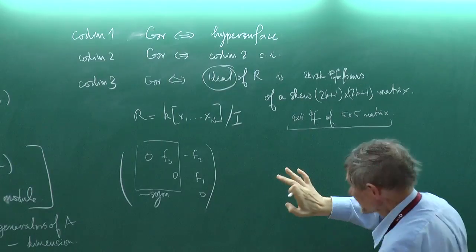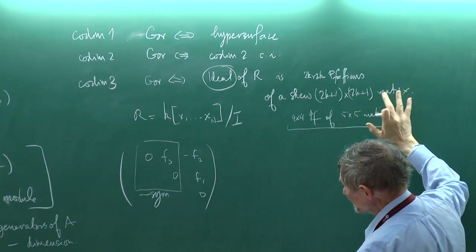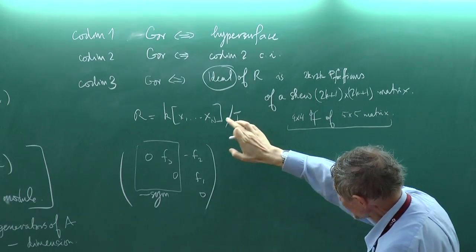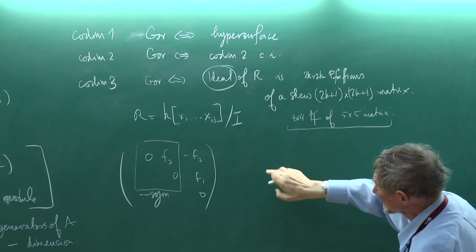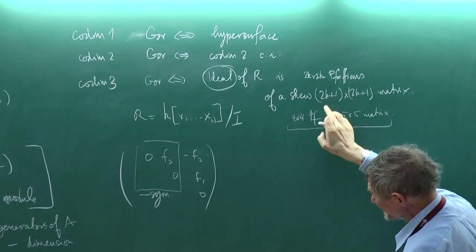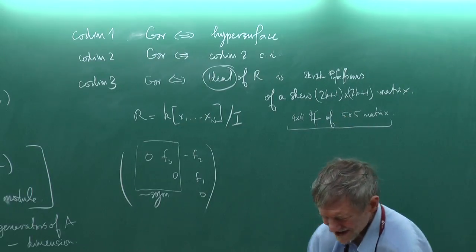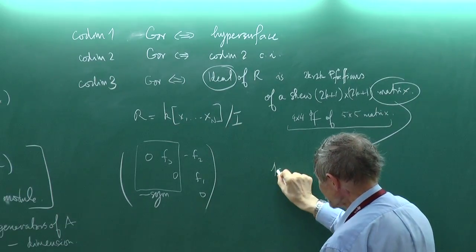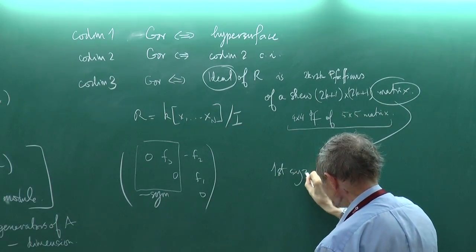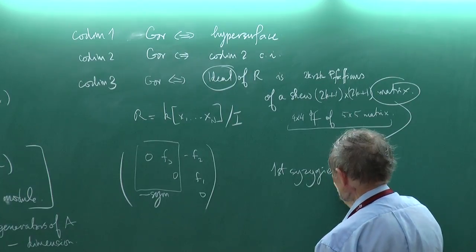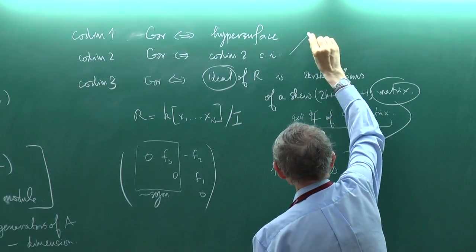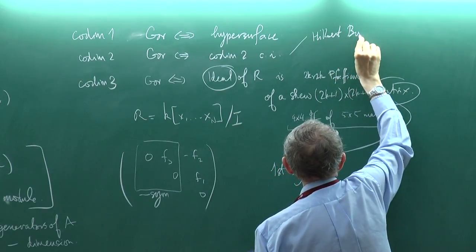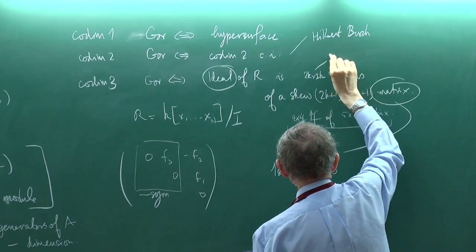So in practice, this is the case that we have to master. The point is that if I write down this matrix, it is the matrix of first syzygies. This is called Hilbert-Birch. This is called Buchsbaum-Eisenbud.